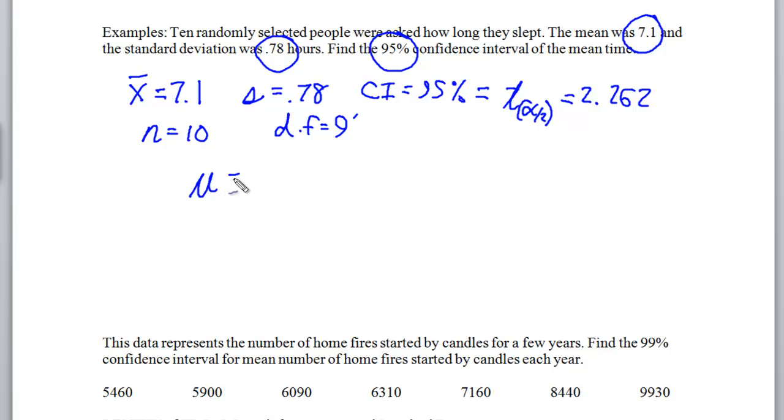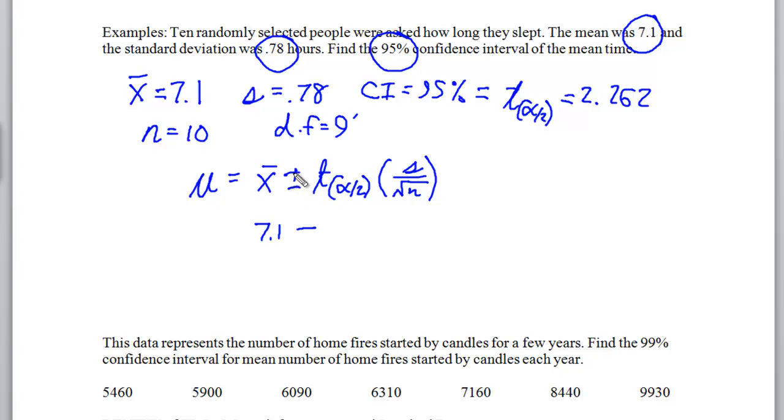To find our population average estimate, we're going to take our sample average, add and subtract the t sub alpha divided by 2 multiplied by our standard deviation divided by the square root of our sample size. All right, so here's how we do this. I'm going to first of all type in my 7.1 minus.